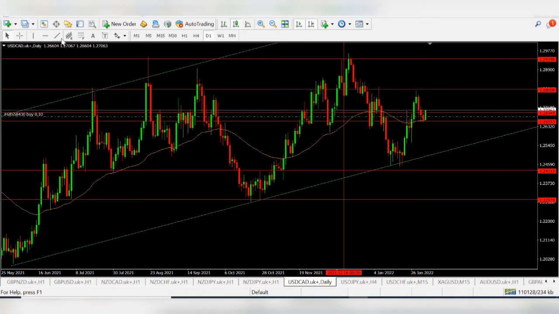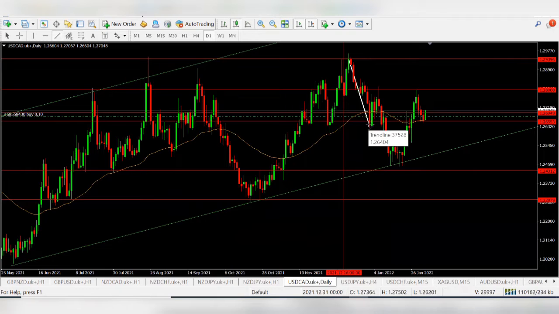See how after hitting the last known resistance level, the market pulled back down and came to find support at 1.2655.